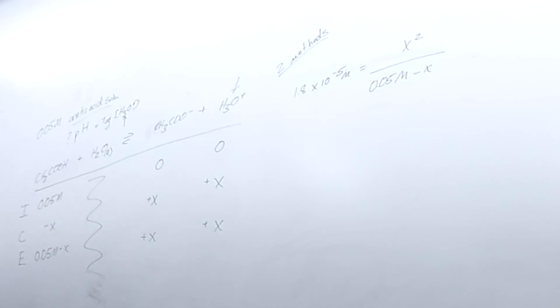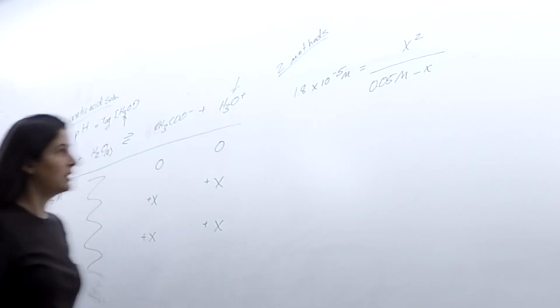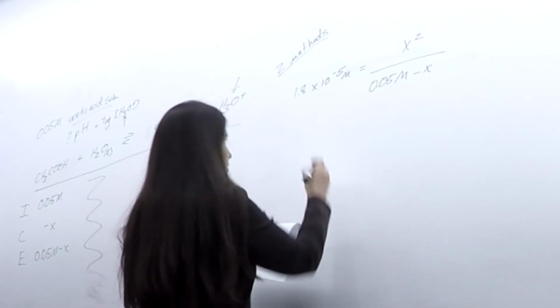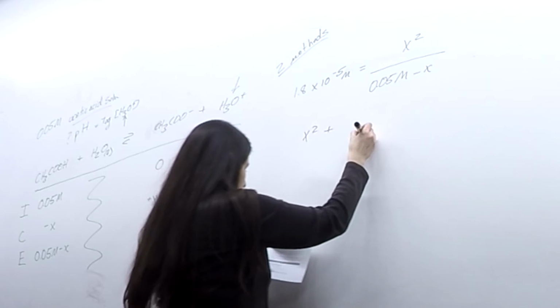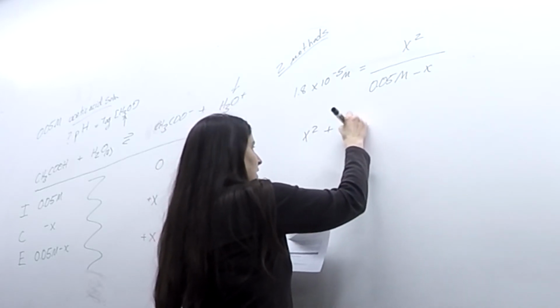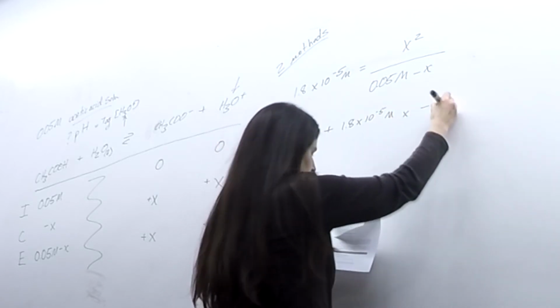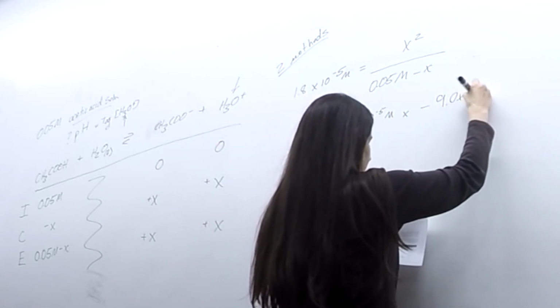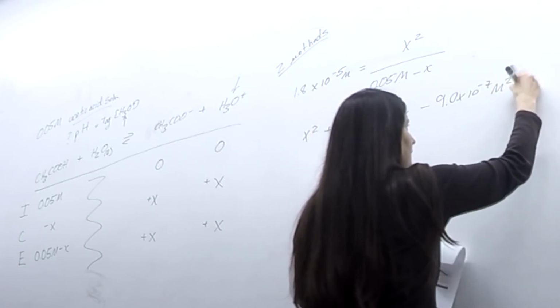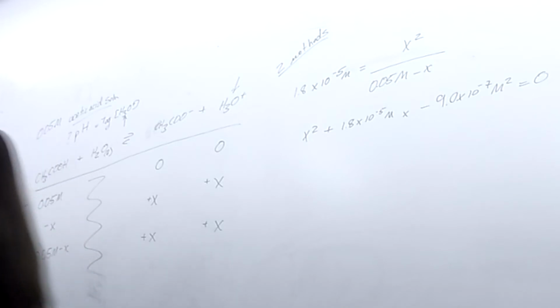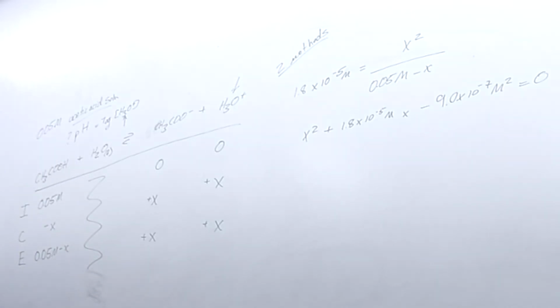The first method is using the quadratic equation. Basically what we do is we rearrange this until we get it in the form of X squared plus something X equals 0, and we use the quadratic equation, X equals minus b plus or minus the square root of b squared minus 4ac, over 2a.